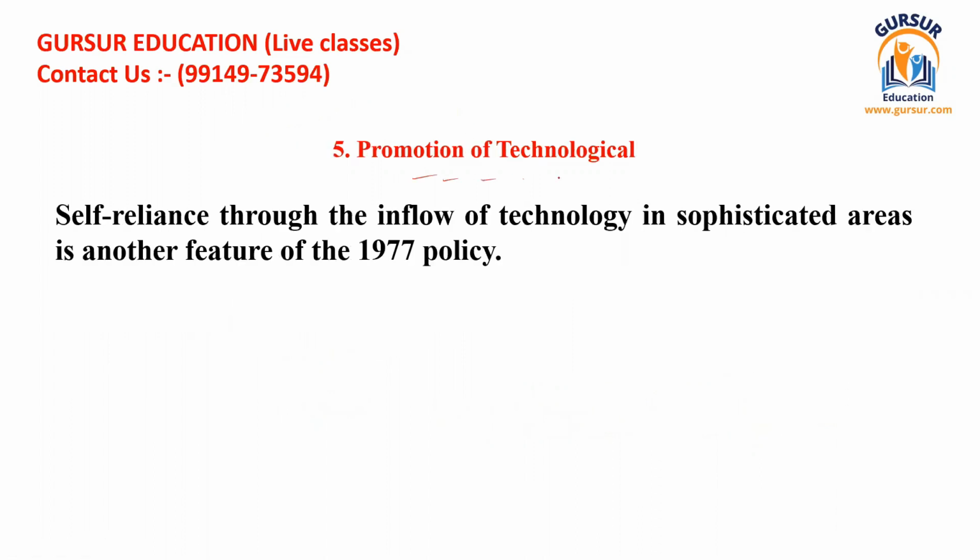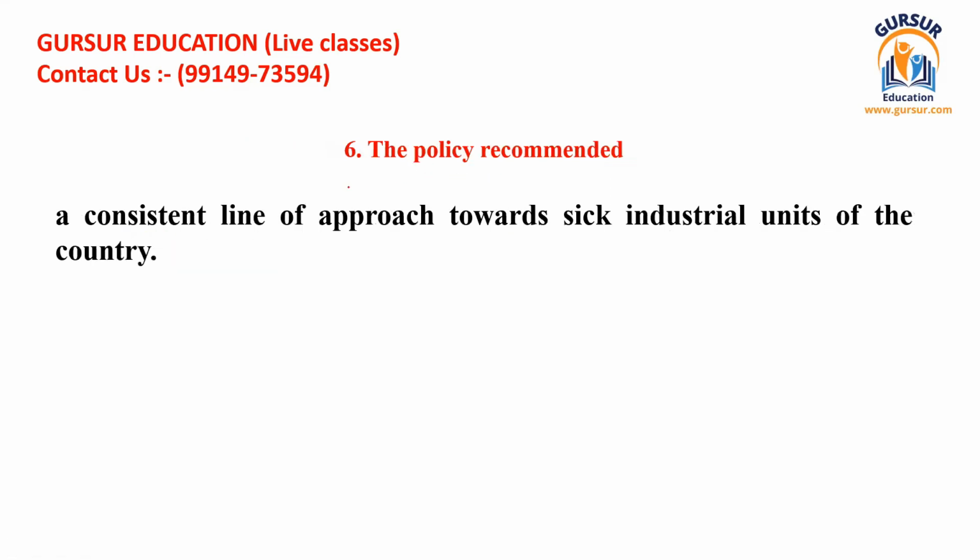Then promotion of technology. It was also emphasized that technology should be promoted. The inflow of technology in sophisticated areas and self-reliance within India was also promoted. Then the policy recommended a consistent line of approach towards industrial units of the country.